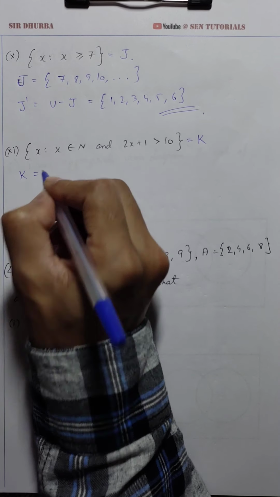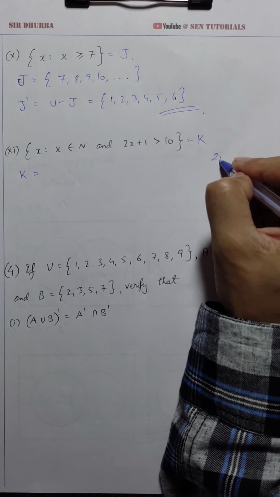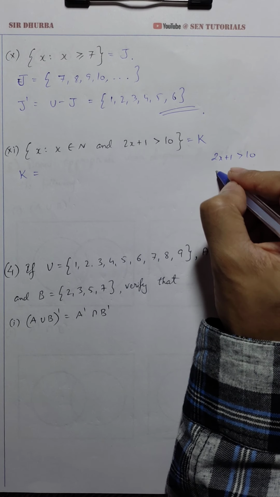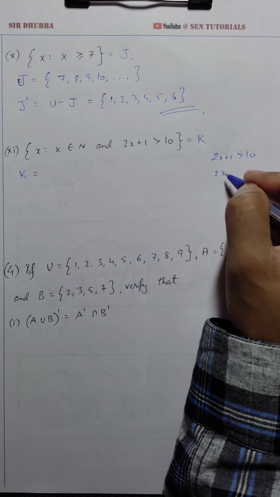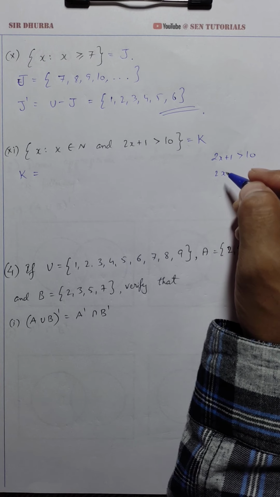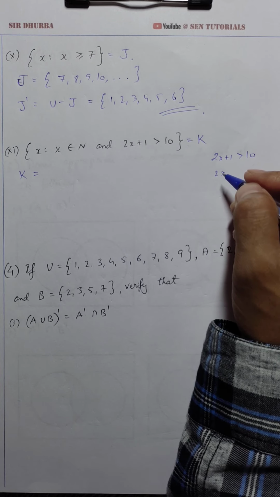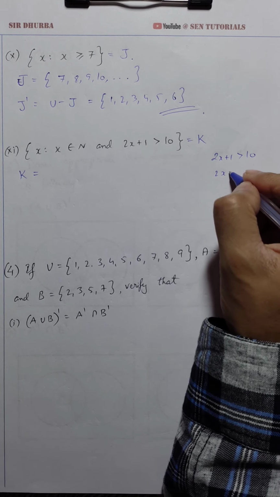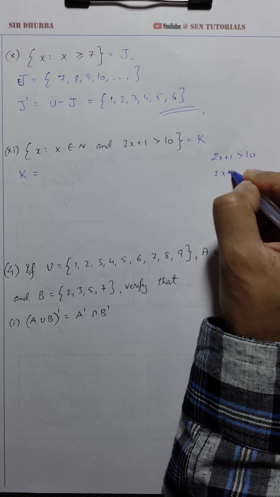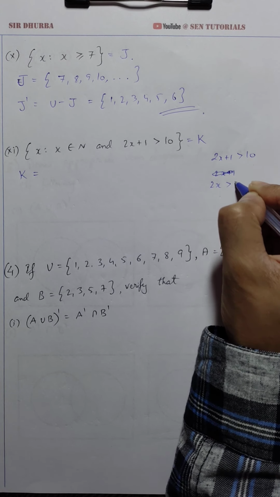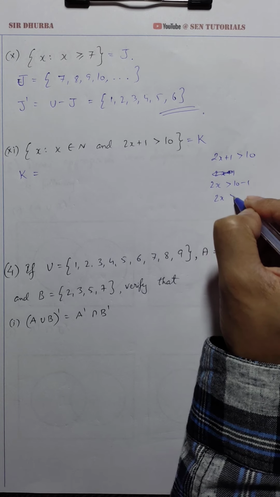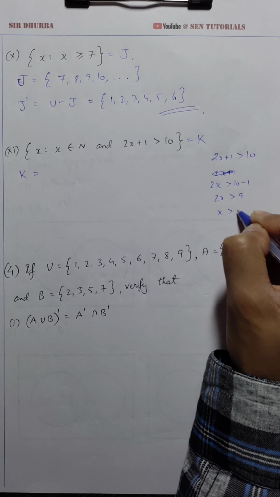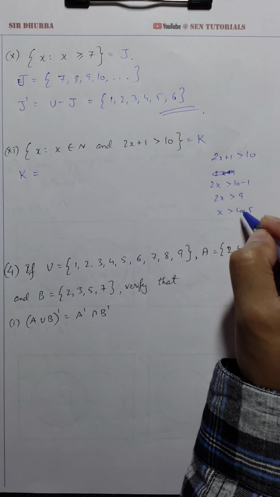Alright, what about the set K? Natural numbers, 2x plus 1 is greater than 10. Of course, if you wish to calculate, that is 2x is 10 minus 1, that is 2x is 9, x is greater than 9 by 2, 4.5.